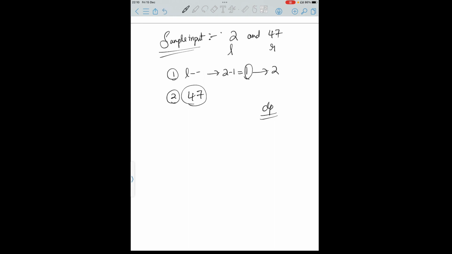Whatever the number is, whatever R may be, just see the number of digits in it. Since there are two digits here, store this in a variable d, which denotes the number of digits in the number, and decrement d by 1.